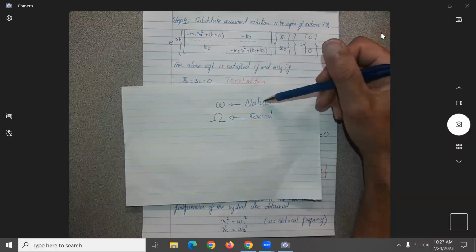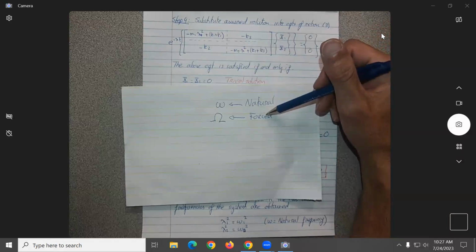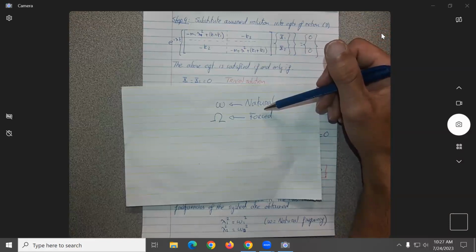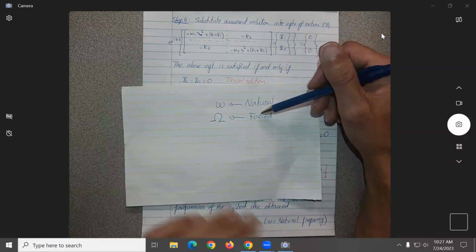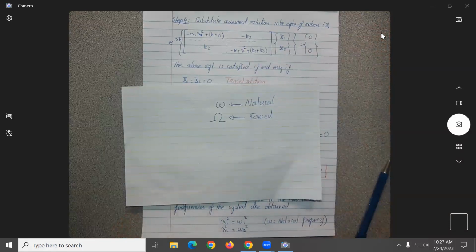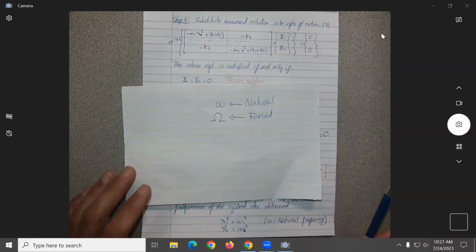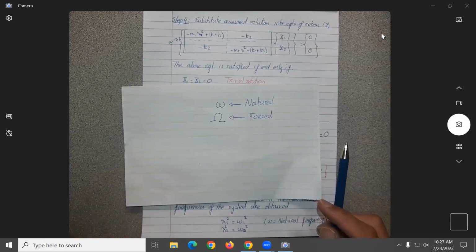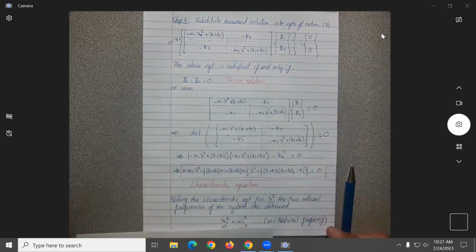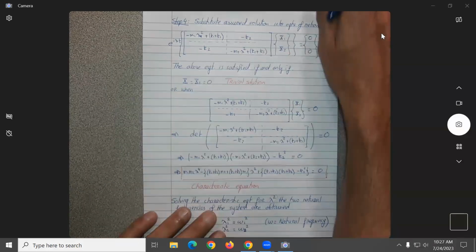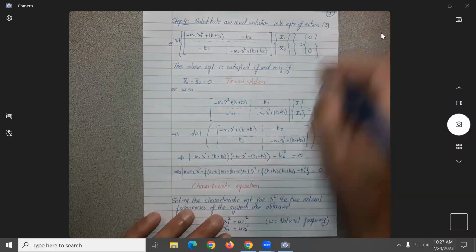Do you understand the difference between the natural frequency and the force frequency? Correct, I understand. I like the term natural frequency more than rotational frequency. Okay.